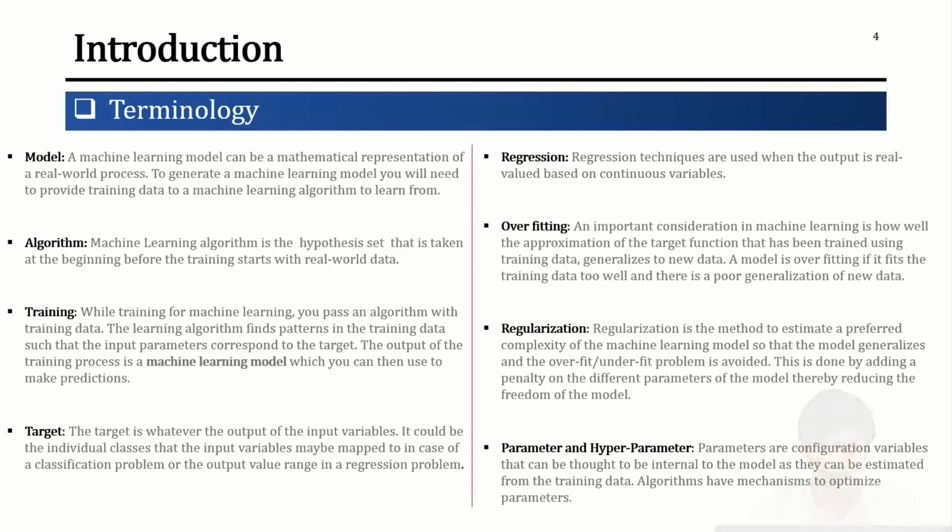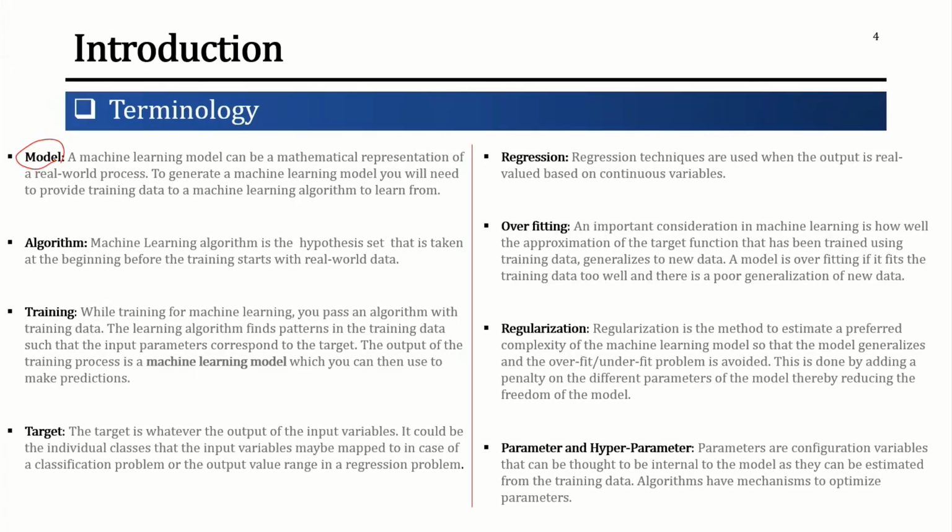So now we move on to the first part in this lecture, which is introduction to text classification. Before we move on, we will need to understand some terms which are used in text classification as well as in machine learning. So the first one is what we call a model. What is a model? It can be a mathematical representation of a real-world process.